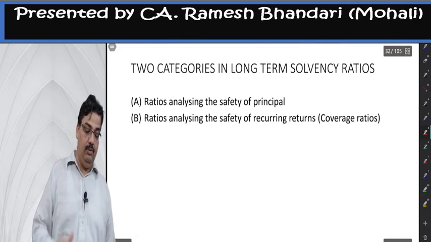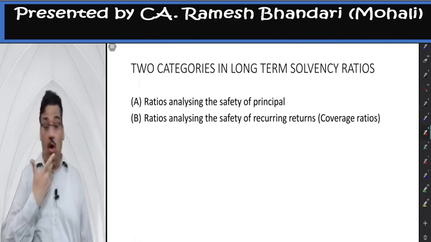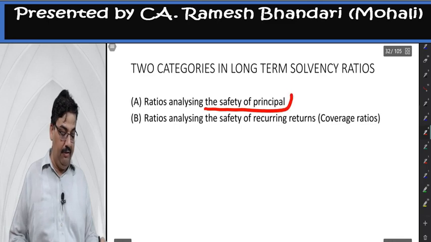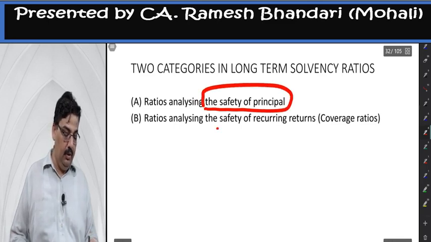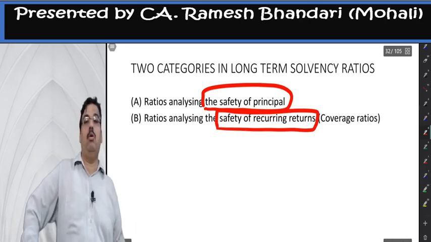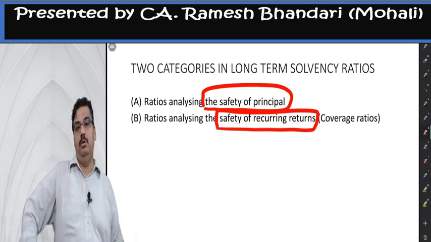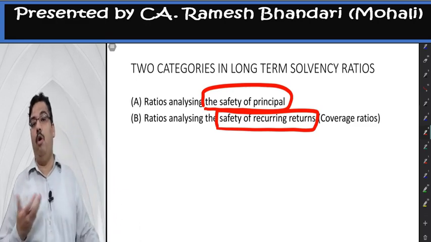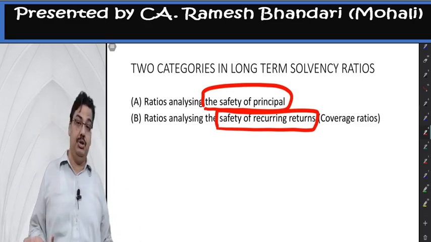Now, we are going to study 2 categories in long-term solvency ratios. Some ratios will analyze safety of principal and some will analyze safety of recurring returns, which are called coverage ratios. Now concentrate on their formulas, their meanings, their interpretations.